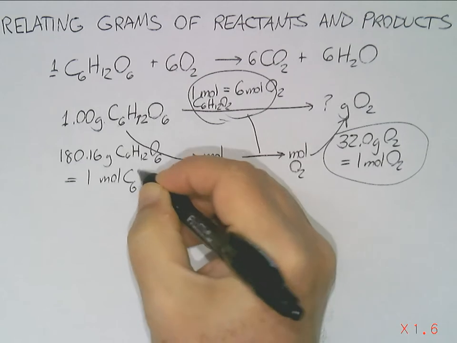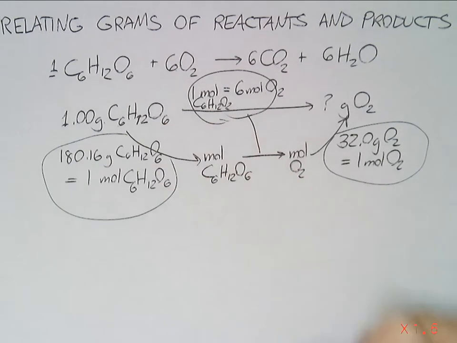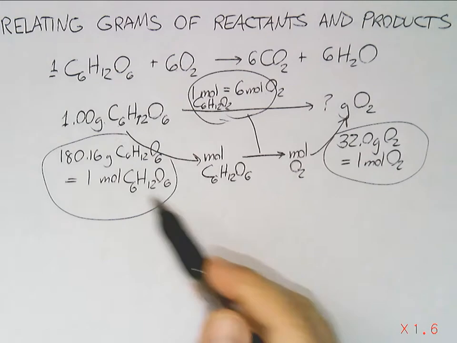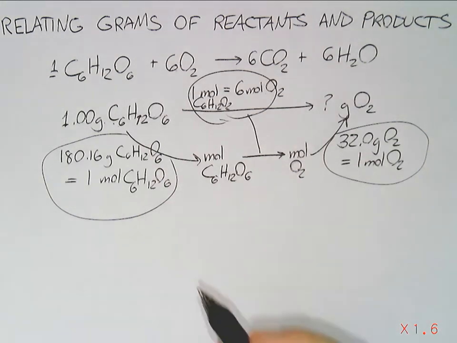That's the molar mass of this. That's the link that I need right there. So now I have this 3-step procedure to go from grams of this to grams of that. Let's do it.